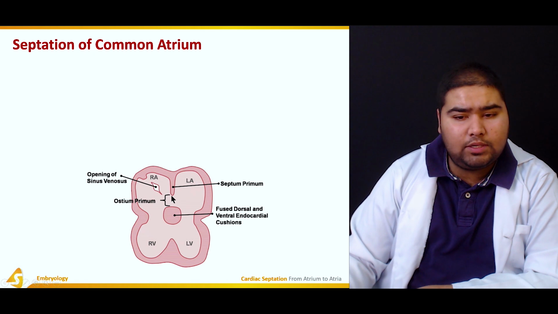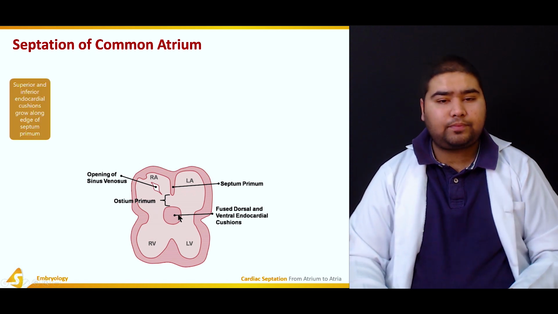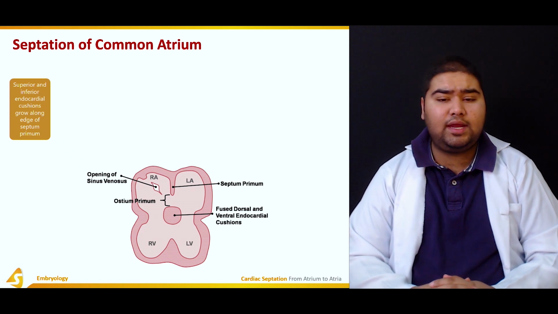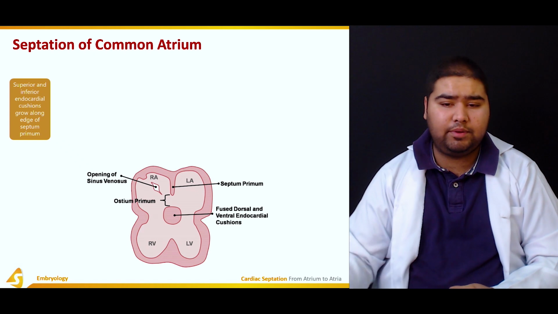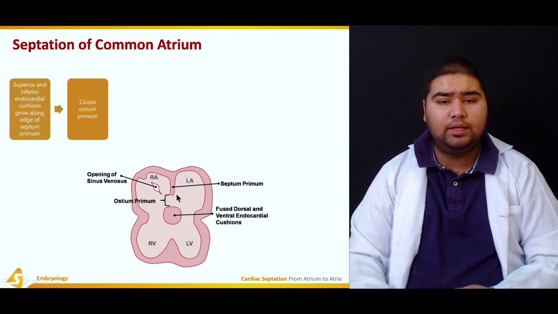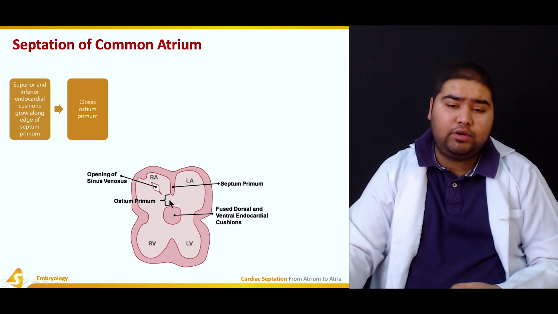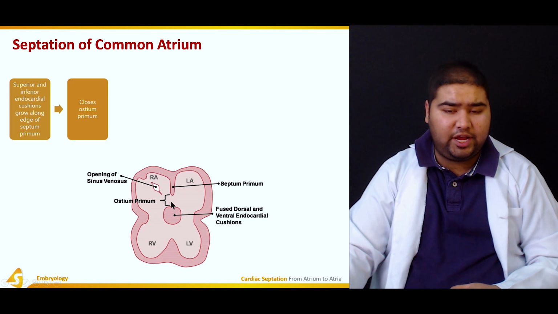Now the superior and inferior endocardial cushions continue to grow along the edge of the septum primum. This growth of the endocardial cushions closes the ostium primum.